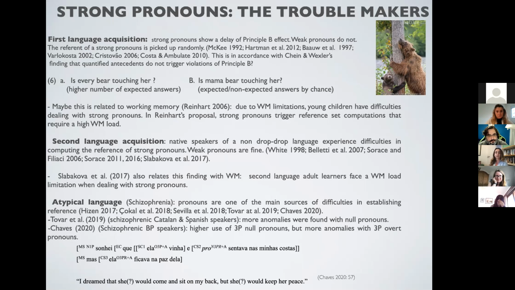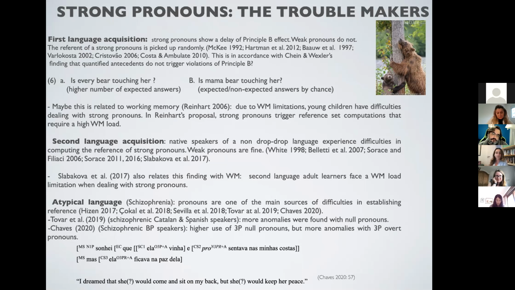Native speakers of a non-pro-drop language experience difficulties in computing the reference of strong pronouns. Weak pronouns are fine. At least some work has shown that. And people have related this also to working memory. Second language adult learners face a working memory load when dealing with strong pronouns. They have a hard time setting the reference of a strong pronoun within pragmatics.